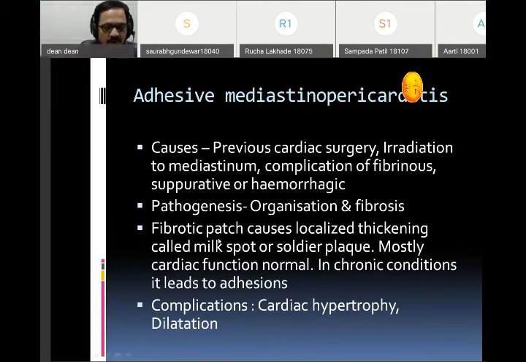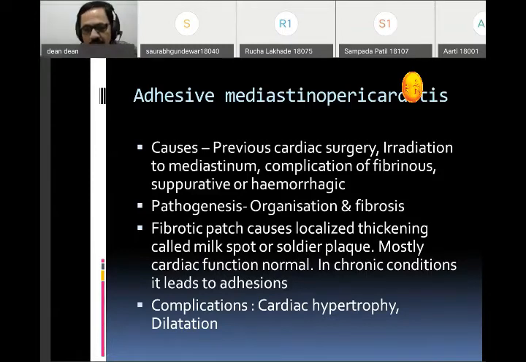Now the fibrotic patch. Sometimes, the anterior wall of the right ventricle is commonly affected, which causes formation of a localized thick patch that you call a milk spot or soldier's plaque. This is a variety of adhesive type of pericarditis. Why is it called soldier's plaque?